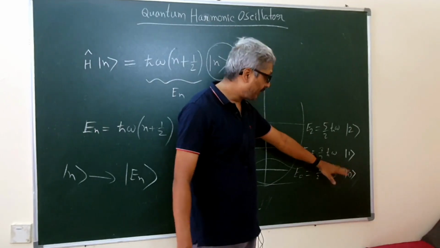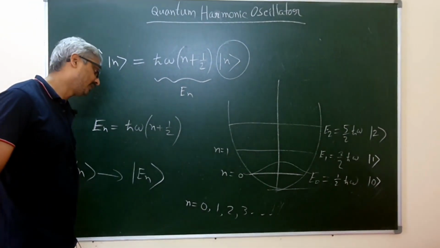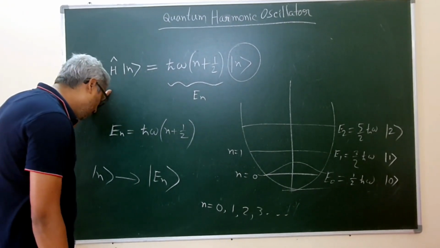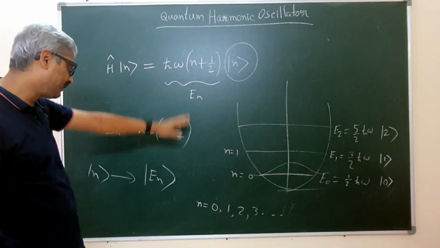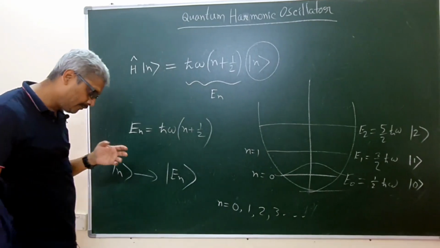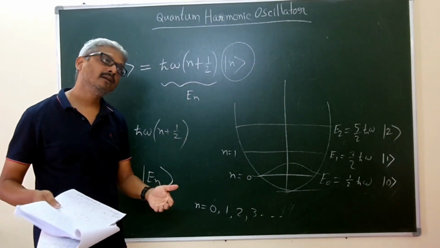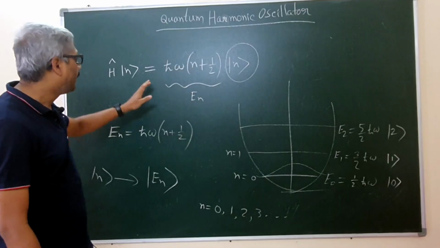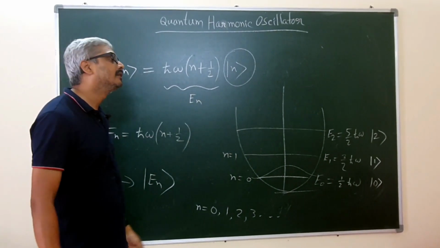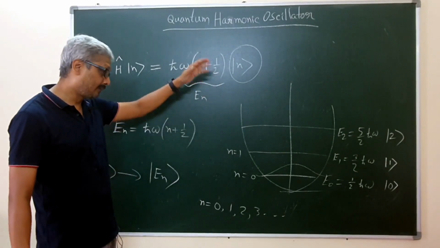So how do we express this abstract ket 1, ket 2 in the position representation? Please keep in mind that whether I write the eigenvalue equation of the Hamiltonian in this abstract ket space, or solve the time independent Schrodinger equation from the beginning in the position representation, we get the same eigenstates for the Hamiltonian. But the other technique is this one, where I have not gone to the position representation. I am working in the ket space of the Hamiltonian, some abstract Hilbert space.